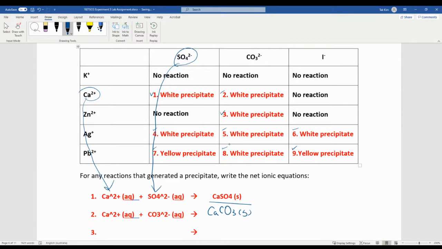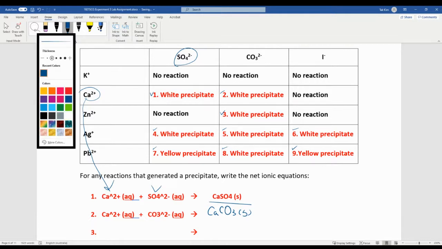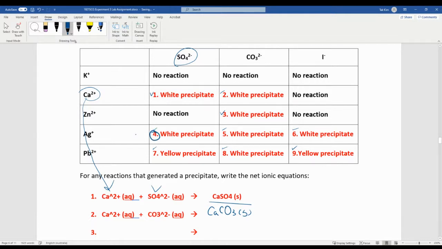You have to be careful about charge when it comes to, for example, number 4. Let me just get rid of this arrow. Number 4, and then number 5, and number 9, for example. I'll just start writing over here instead of writing onto each number because space is not enough.